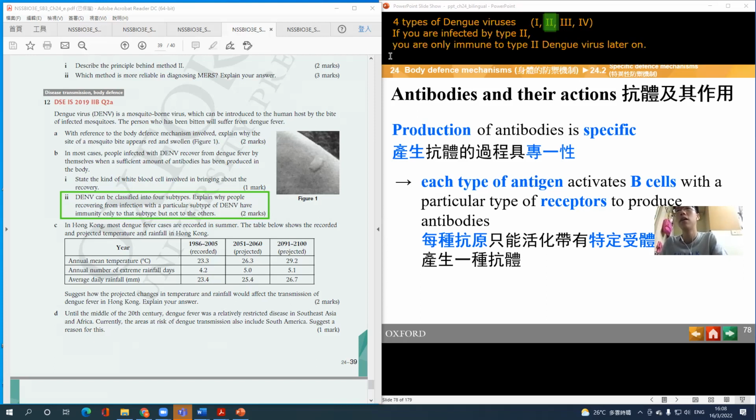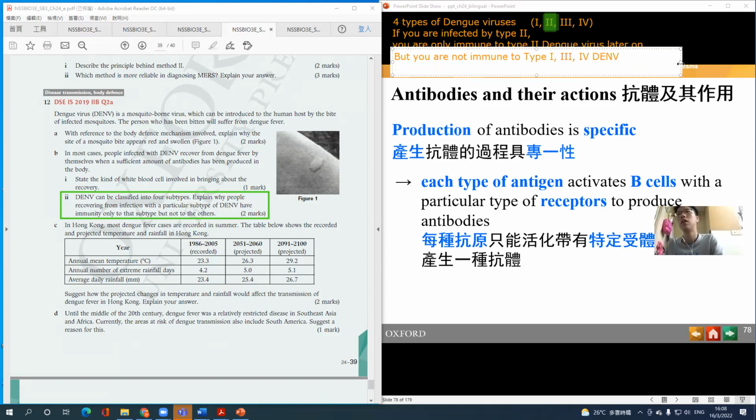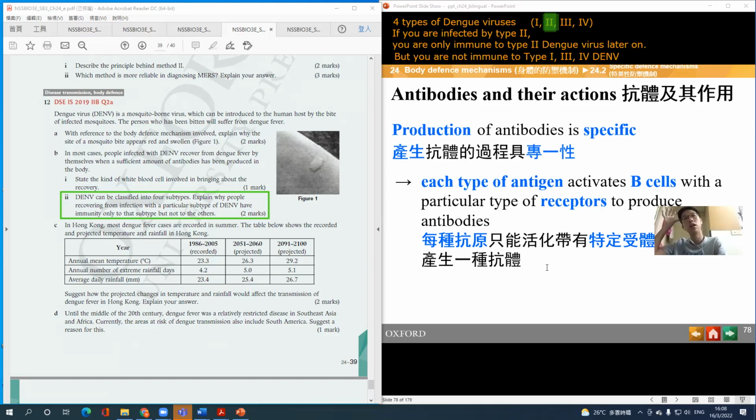But you are not immune to type 1, 3, and 4 dengue virus. So they want to ask you why you are not immune to other types of dengue virus.